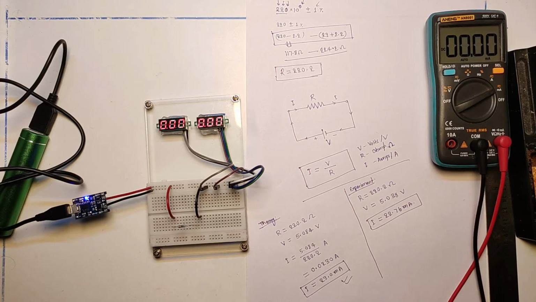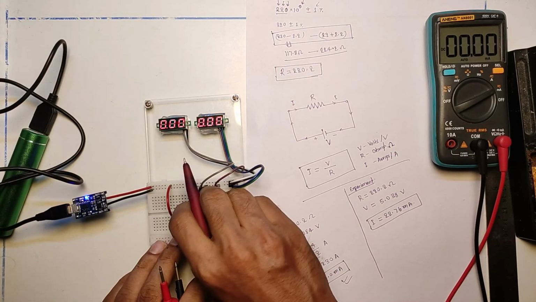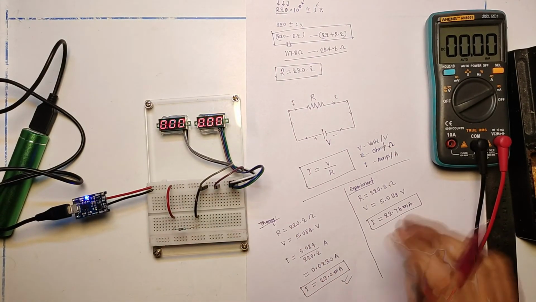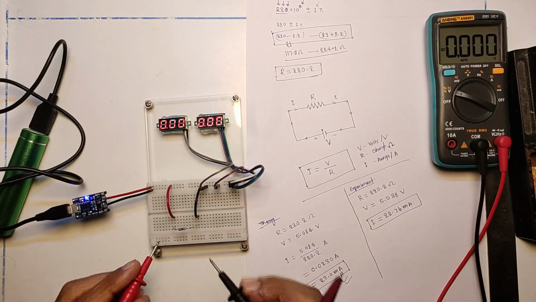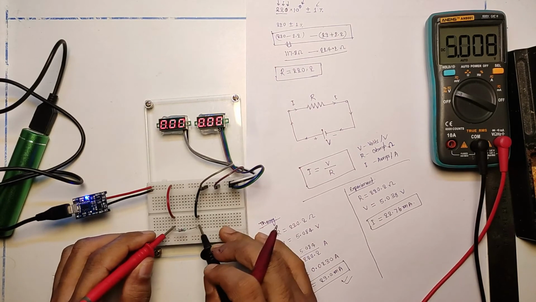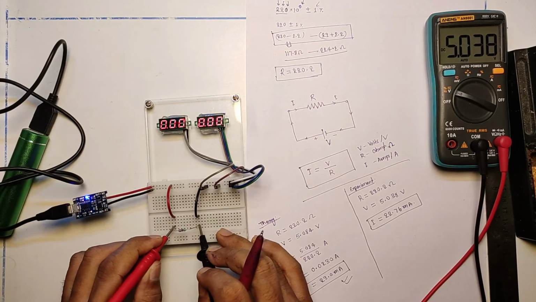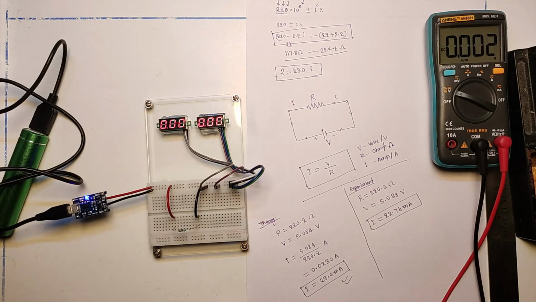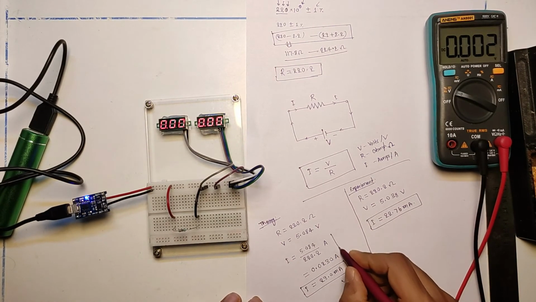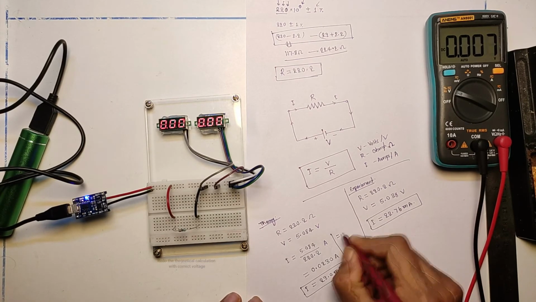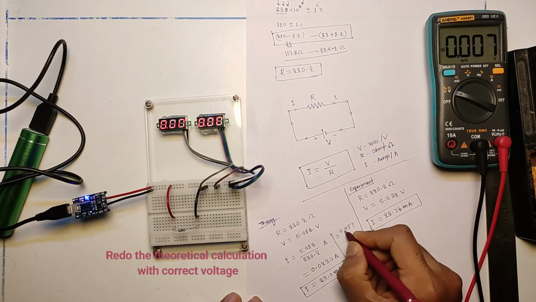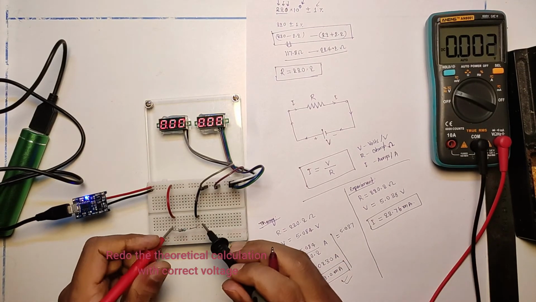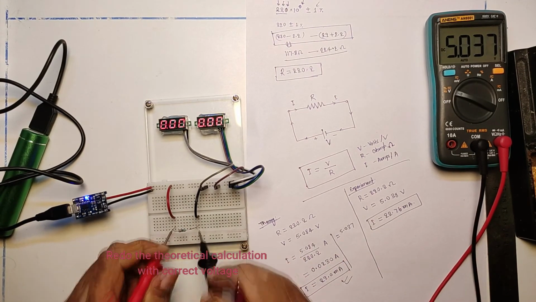Now, since after applying the load, after connecting the resistor, our voltage dropped down, how much? We'll put in voltage mode and we'll measure it again. 5.037 or 8, okay? 5.037. So we'll do another calculation here. I equal to 5.037 or 38, whatever it be. 37, okay?